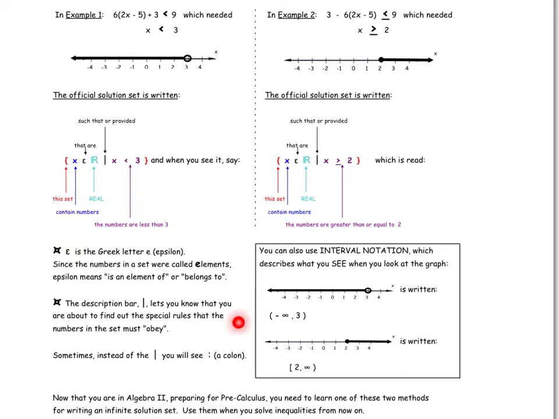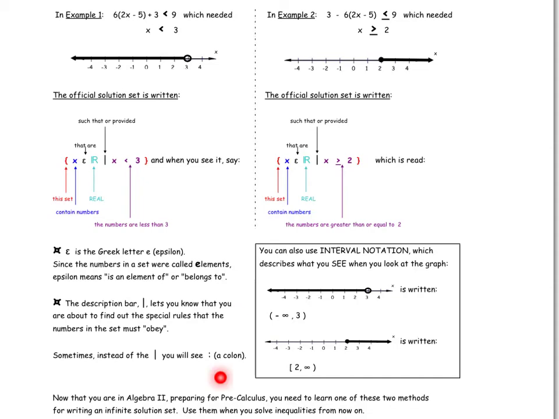The description bar lets you know that you are about to find out some special rules that the numbers in the set must obey. And I know that's a strange concept nowadays. Obeying means doing what you're told. It is something that numbers still have to do, and students sometimes don't.